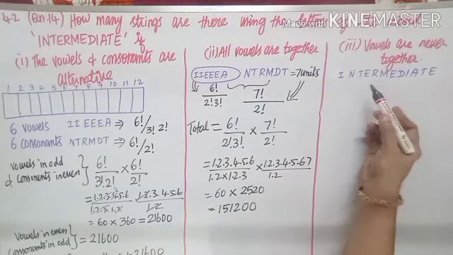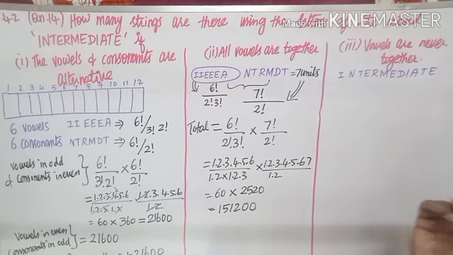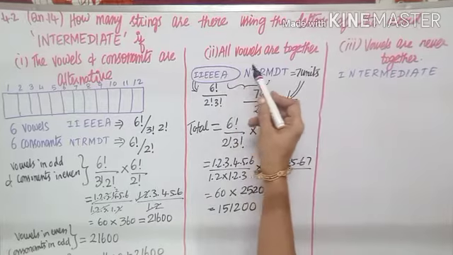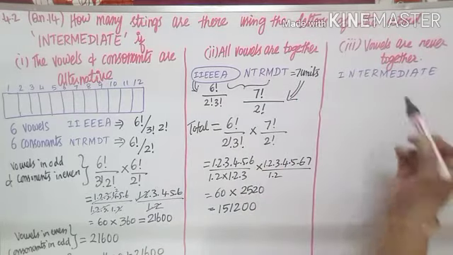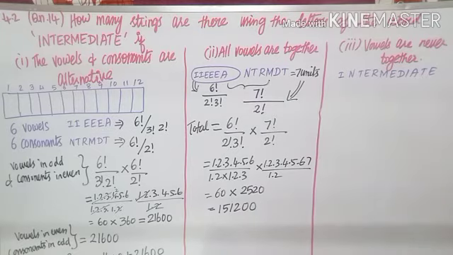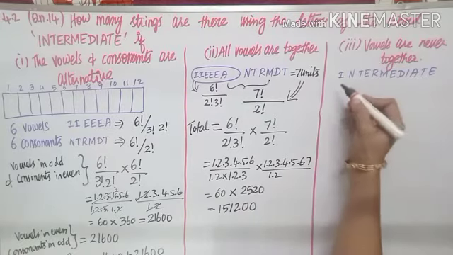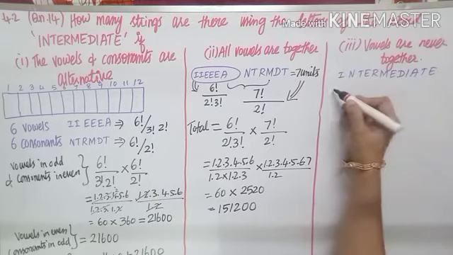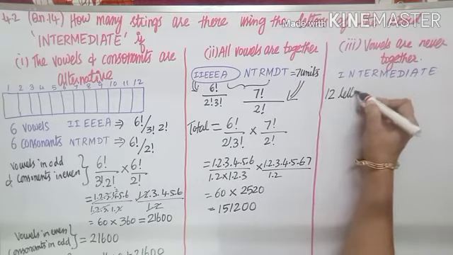The third subsection, the vowels are never together. This is all vowels are together. Here they are never together. So the complement is here. So let me find the total. How many letters altogether? 12 letters.